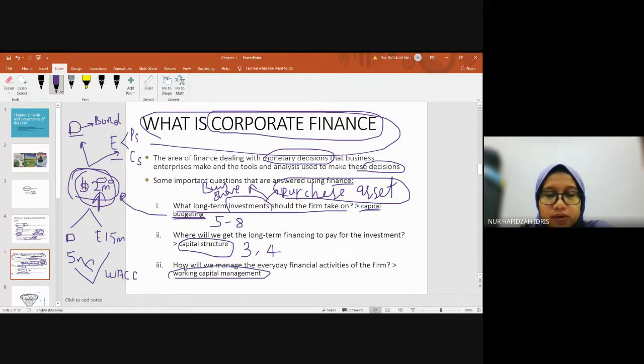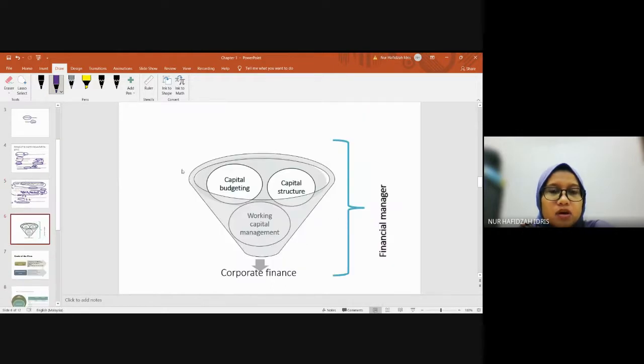So basic general idea, this one we will not cover dalam FIN544. So to recap, corporate finance is the element considering capital budgeting, capital structure and working capital management. 3 benda ni je corporate finance.